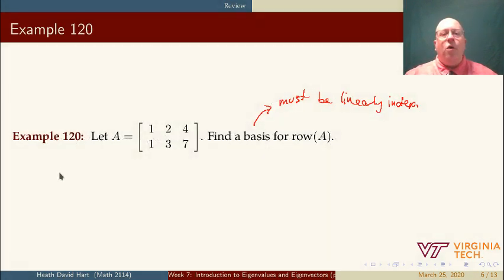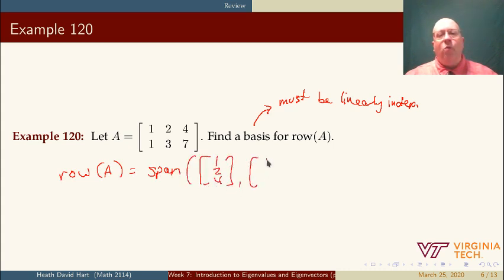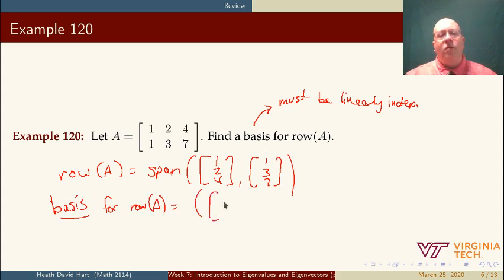And so the row space is the span of 1, 2, 4 and 1, 3, 7. But the basis for the row space is just a set 1, 2, 4 and 1, 3, 7.